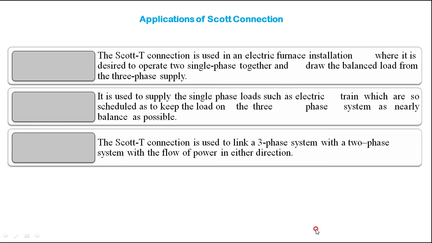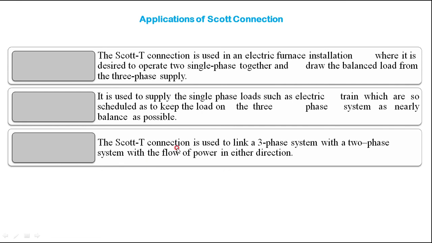Some of the applications of the Scott connection we know already. The Scott connection is used in electric furnace installations where it is designed to operate two single phase transformers together and draw a balanced load from the three phase supply. It is also used in electric traction, which is started with a single phase load, but however the input is a three phase supply.